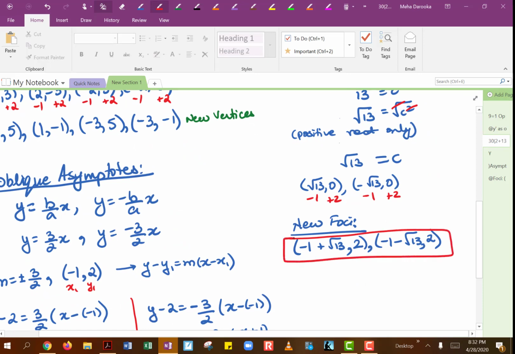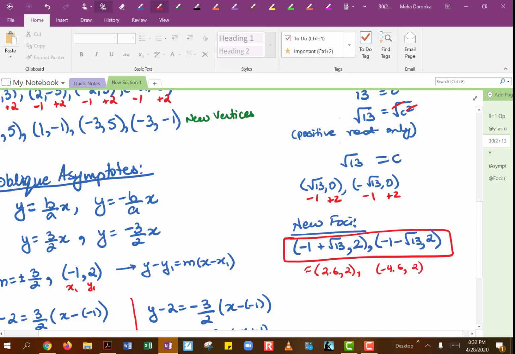And just to see what those approximate values would be, let's go ahead and see what those decimal approximations are. So -1 plus square root of 13 gives you an approximate value of, looks like 2.6, and of course our y coordinate is 2, and -1 minus square root of 13 gives us -4.6, and of course 2 is our y coordinate.